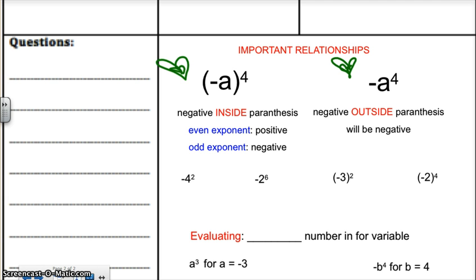If the negative is inside, if it's an even exponent, the result is going to be positive. If it's an odd exponent, it will be negative. So if it looks like this, if it's an even exponent, because you think of the negative as going along with it, and if you have an even amount, that means you've got a negative times a negative. You can pair things up, and if you can pair things up, the negatives cancel out.